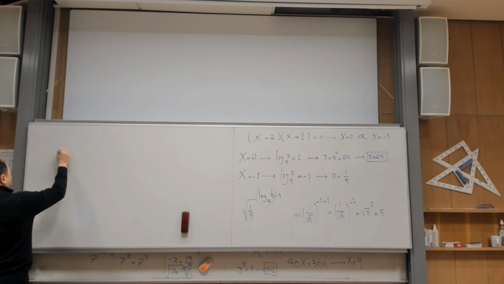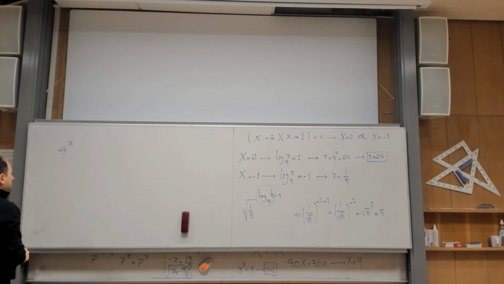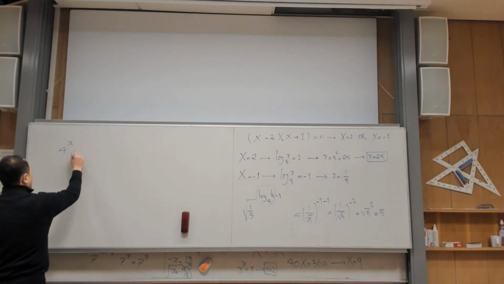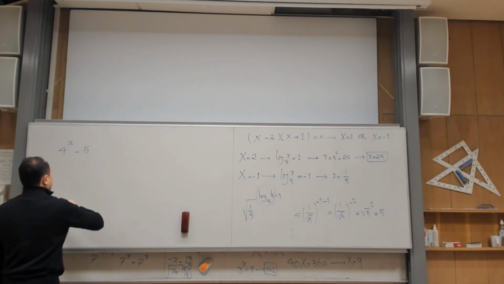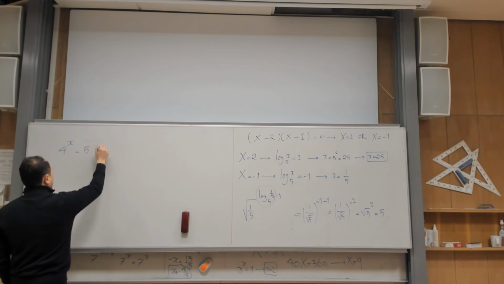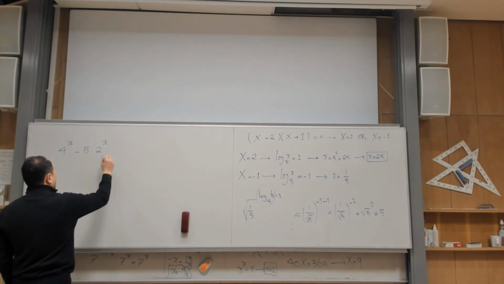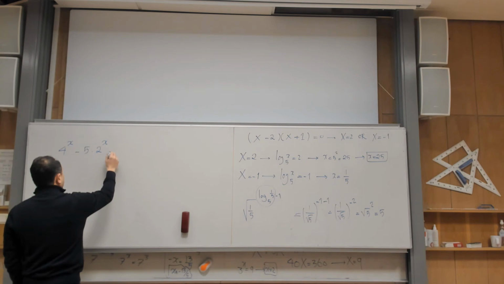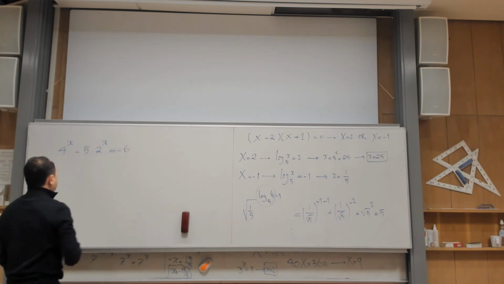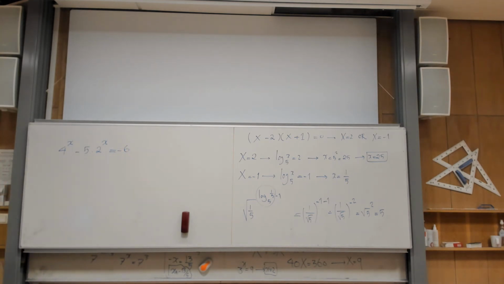So let me write 4 to the power of x minus 5 times 2 to the power of x is equal to negative 6. Let us solve this problem. I want you to find x.